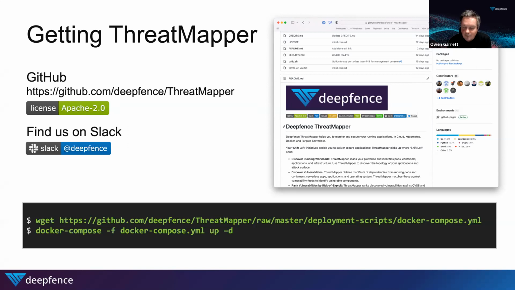How can you deploy ThreatMapper? It's deployed in two parts. The largest part is the management console that you saw Sandeep use during the demo. That management console you can deploy with a Docker Compose operation, grab our Docker Compose file, away you go, and immediately you're up and running with the management console.